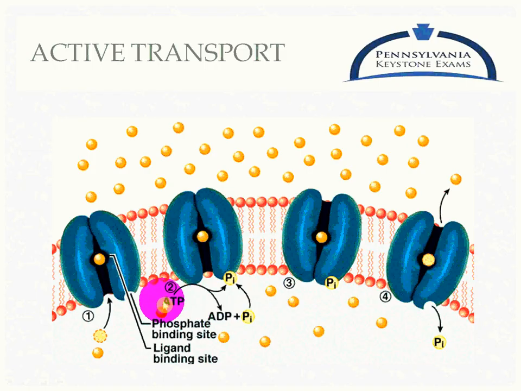Then you see my ATP in the form of energy. What the energy does is it changes the shape. So right now it's closed off to the outside. Once the ATP comes in and changes the shape, now it's open to the outside, and my little molecule can go from the inside of the cell, from a low concentration, to the outside of the cell, to a higher concentration.